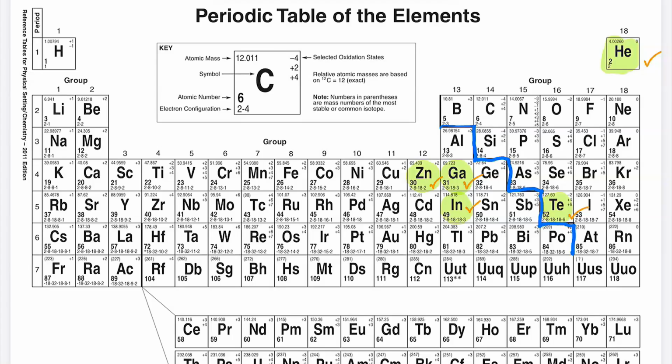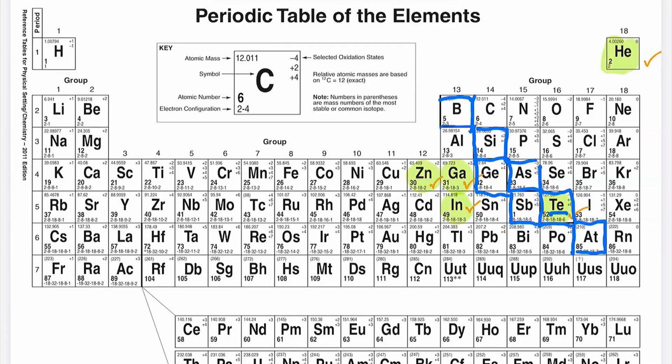Now, all of these elements on the staircase are metalloids. So boron, silicon, arsenic, tellurium, and we can include astatine if we'd like. It also includes germanium and antimony. We should know those are the ones. So you can see that tellurium is right on the staircase, so that is of course a metalloid.